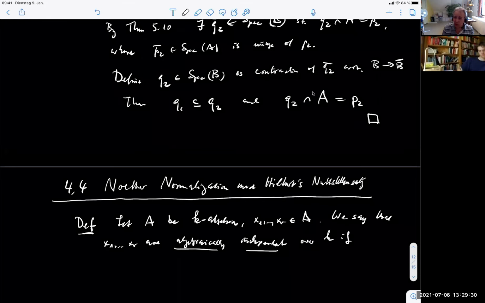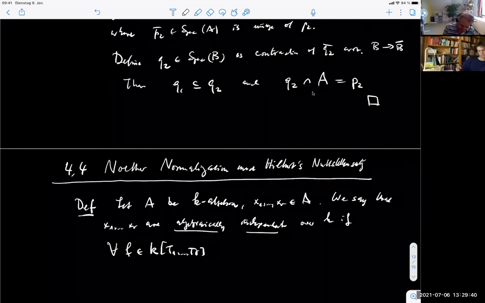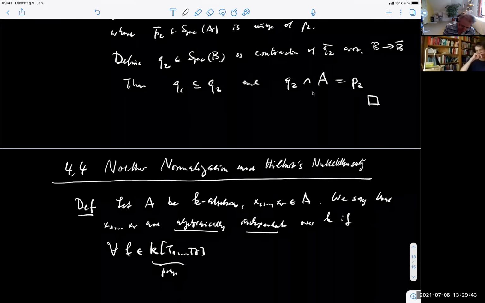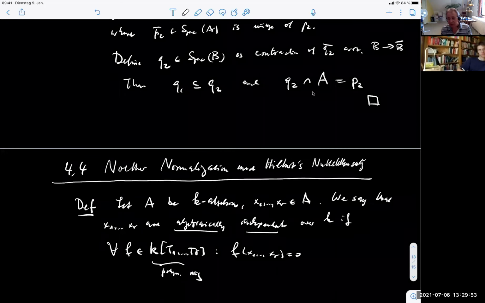if there are no polynomial relations. So for all f, a polynomial in variables T1 up to Tr, in the polynomial ring, if I substitute the variables by the elements x_i and have such a relation, a linear relation between monomials in the x_i, this is only possible when f is the zero polynomial.